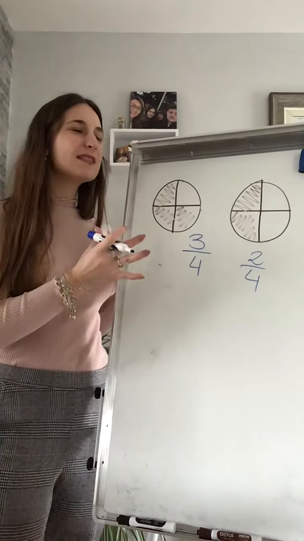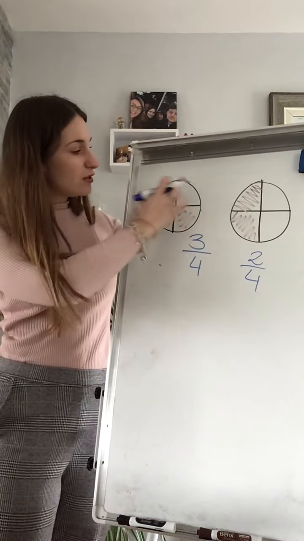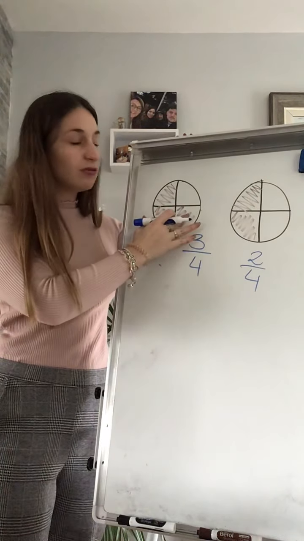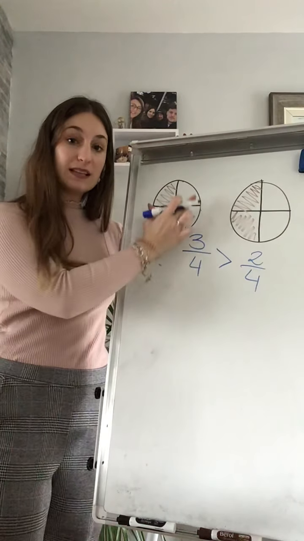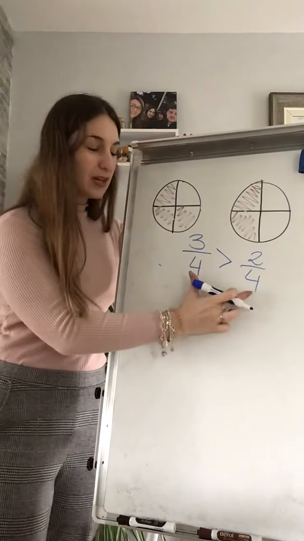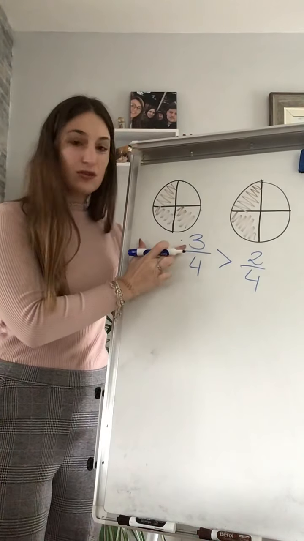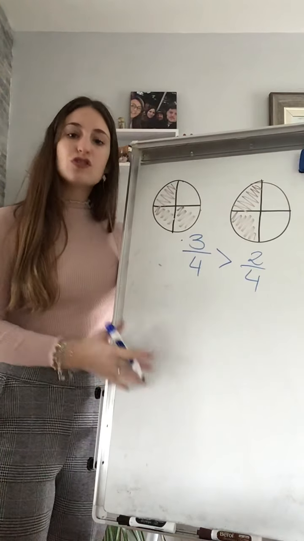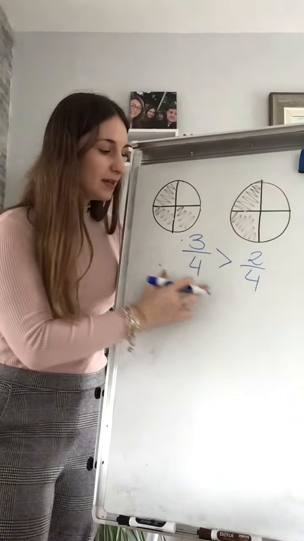If I want to see which one is bigger, it's quite easy, because you can see straight away on my diagram that I've taken 3, and that is more than taking only 2. Also, because I have the same denominator, you only need to look at your numerator, and you know that 3 is greater than 2. So really simple. But then what happens when my denominator is different?